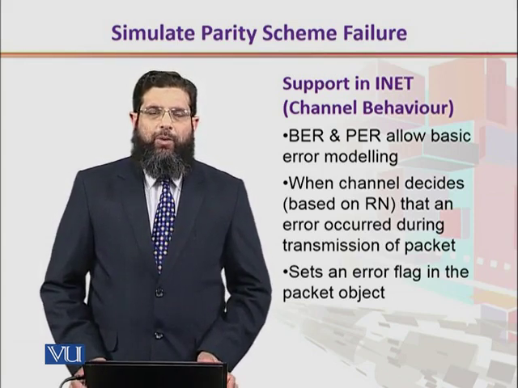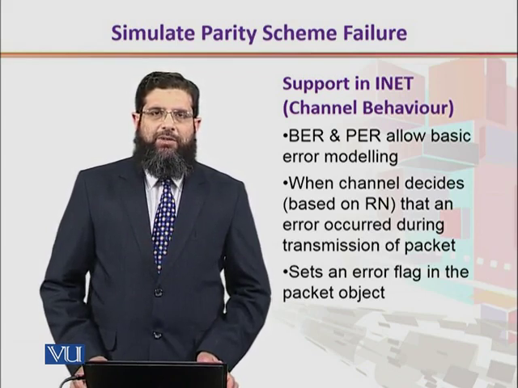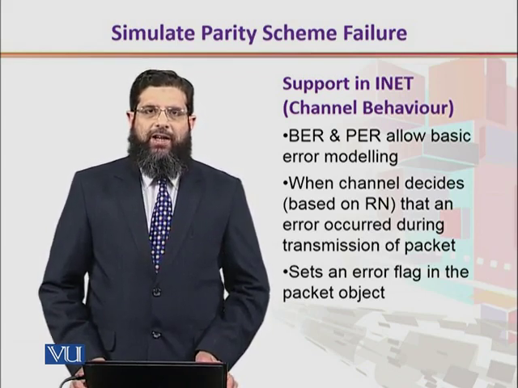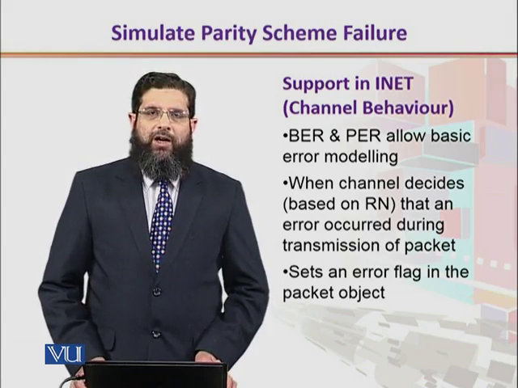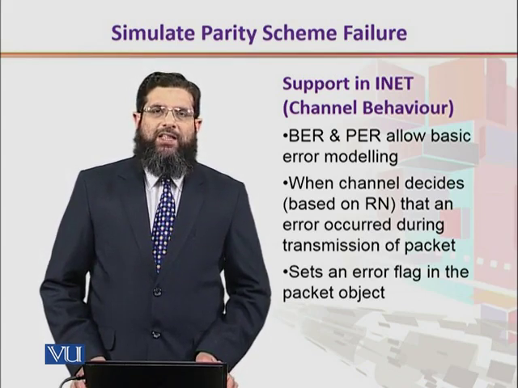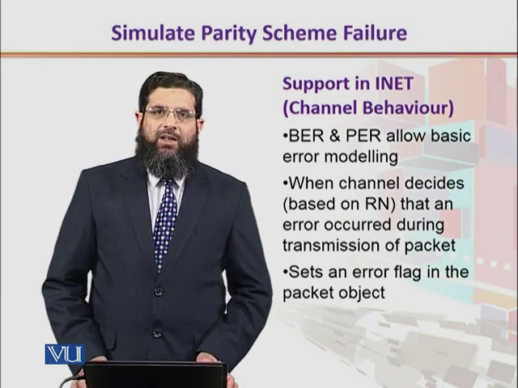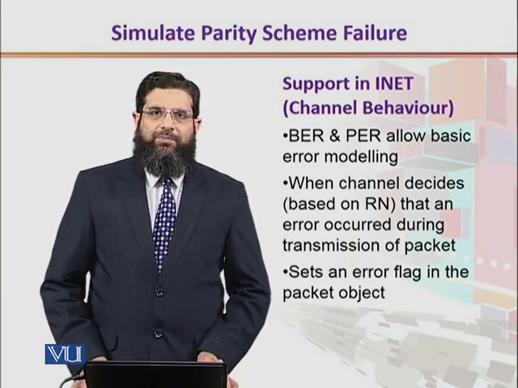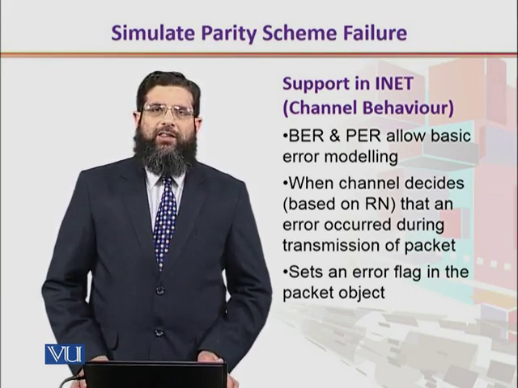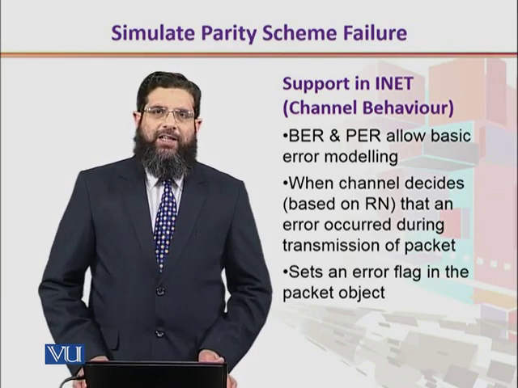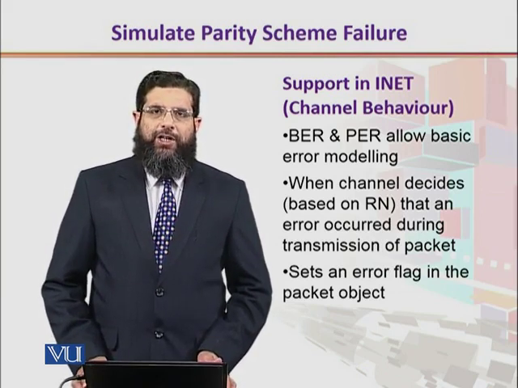This packet object, which would be processed as a packet by the receiver side, now contains an error. Regardless of where exactly the error has been made, the packet now contains an error. This is how we incorporate the bit error rate and the packet error rate into our communication channel.